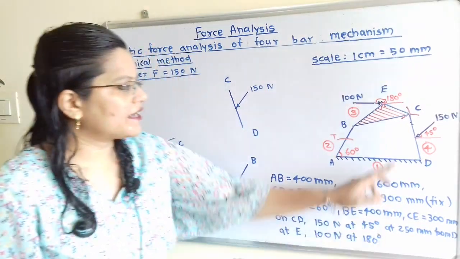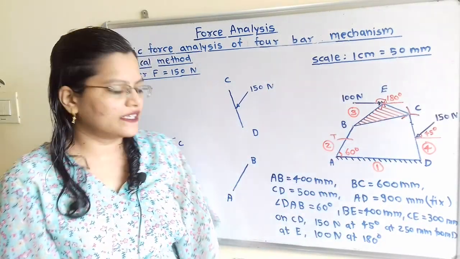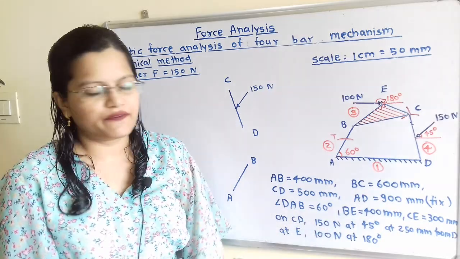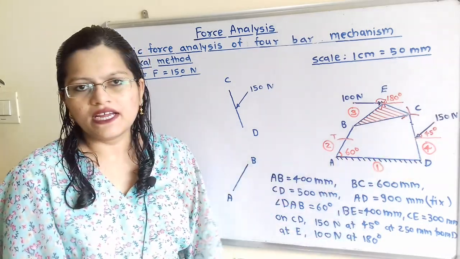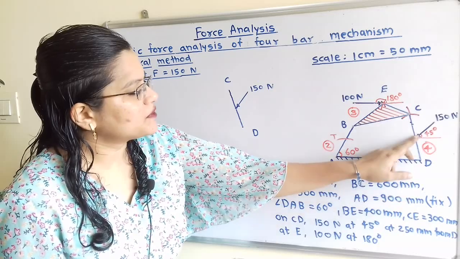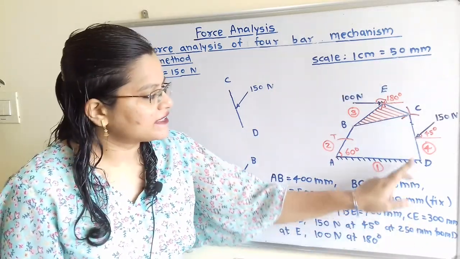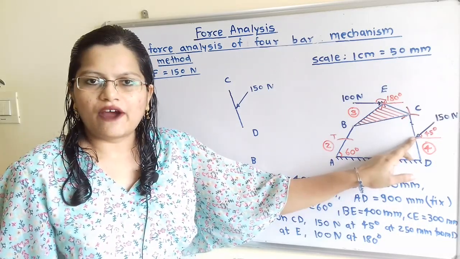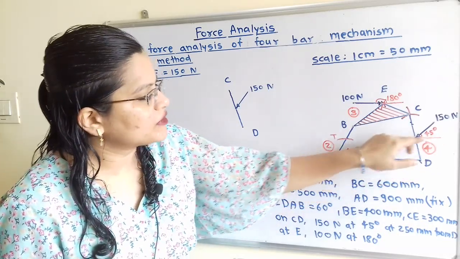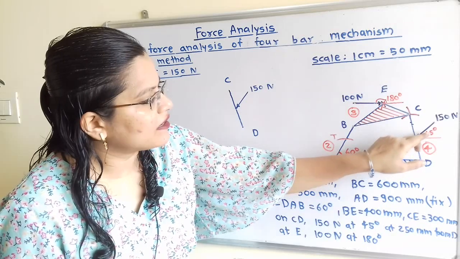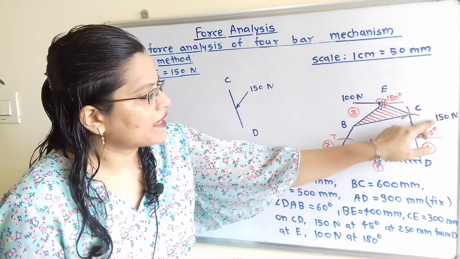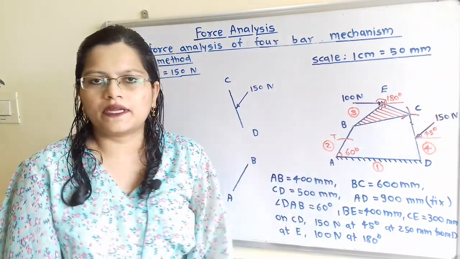On link CD there is one force that acts, and that is equal to 150 Newton, which is at angle of 45 degree, and distance from this point D is 250 mm. So as per this scale 5 cm distance we have to mark here one point, and from this horizontal line take an angle of 45 degree and mark here one force for 150 Newton.